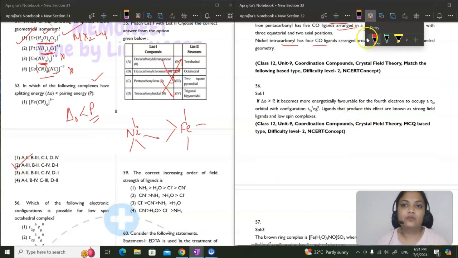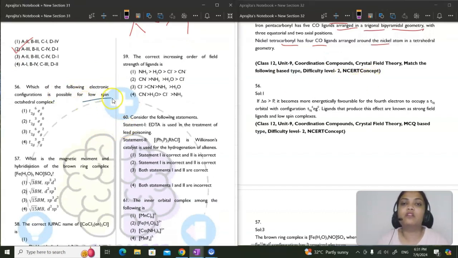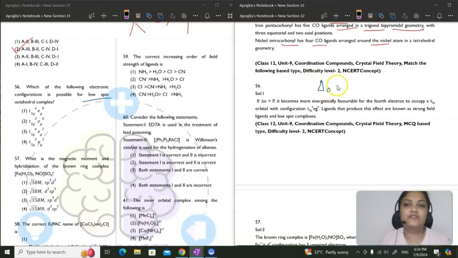All right, now moving on to the next question. Question number 56. Which of the following electronic configurations is possible for a low spin tetrahedral complex? Okay, so low spin tetrahedral complex means, now students, what happens is for low spin complexes, the crystal field splitting energy is more than the pairing energy.